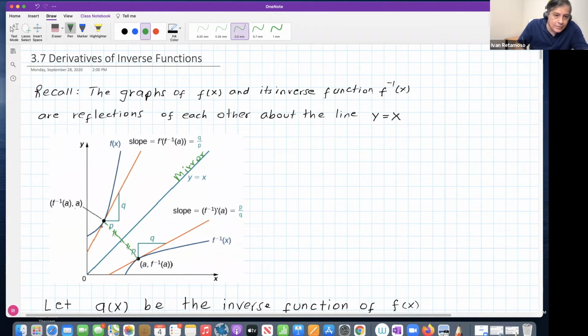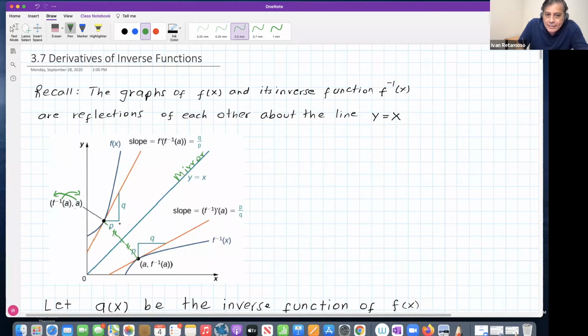Or you can see also that if you switch the coordinates of this point, here we have f inverse of a comma a, here you will have a comma f inverse of a, right? Switch. What is the input here becomes the output here, and what is the output here becomes the input here, right?